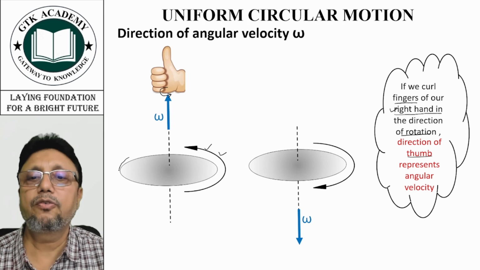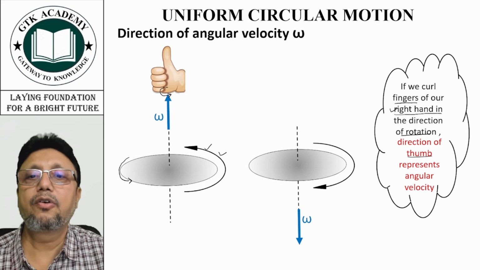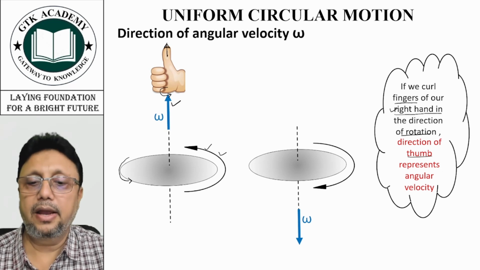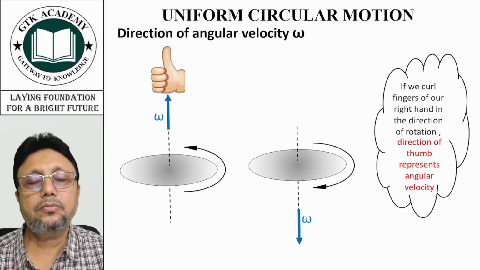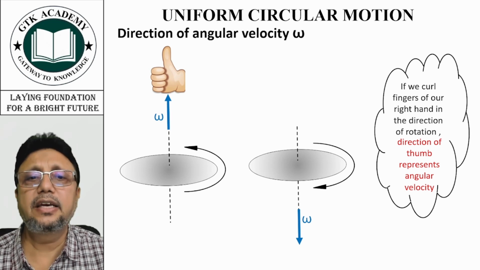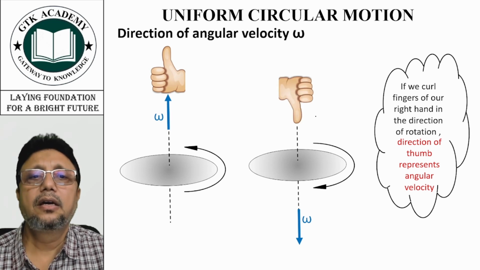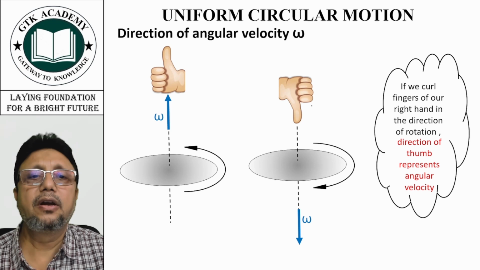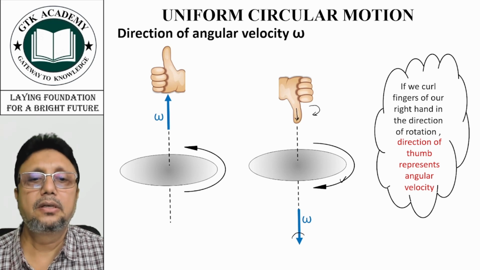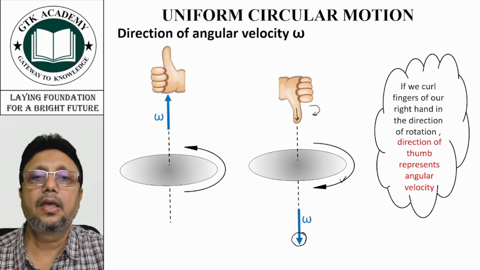We have curled our fingers, so the direction of our thumb represents the angular velocity. Similarly, in the second case, you have curled the fingers in this direction, so your thumb direction represents omega. I hope you have understood this.